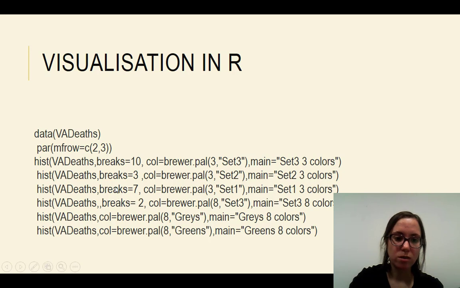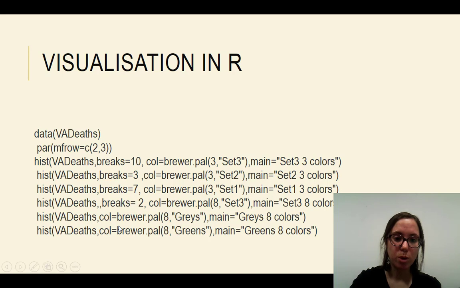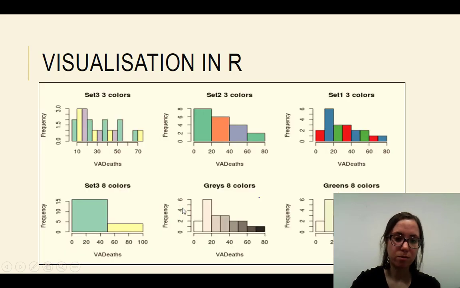If we look at the code, we can see that we want histograms, a different number of breaks for each histogram, a different color palette, and the titles are also different. Here, if we take this one as an example, it sets 3 8 colors and has 2 breaks. Going back to our code, we can see that this is exactly the code to create this histogram.